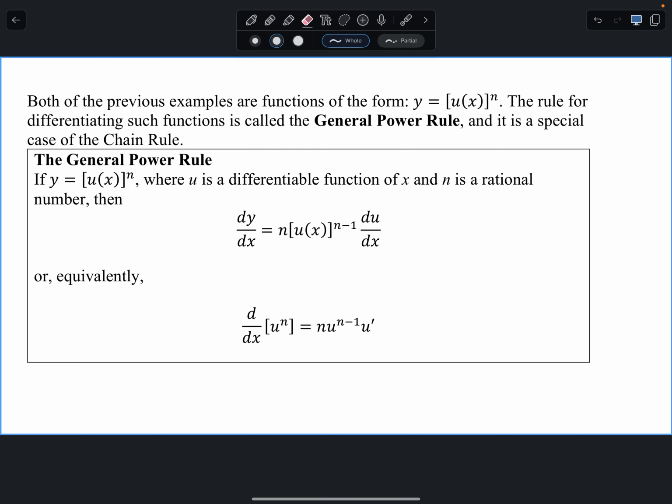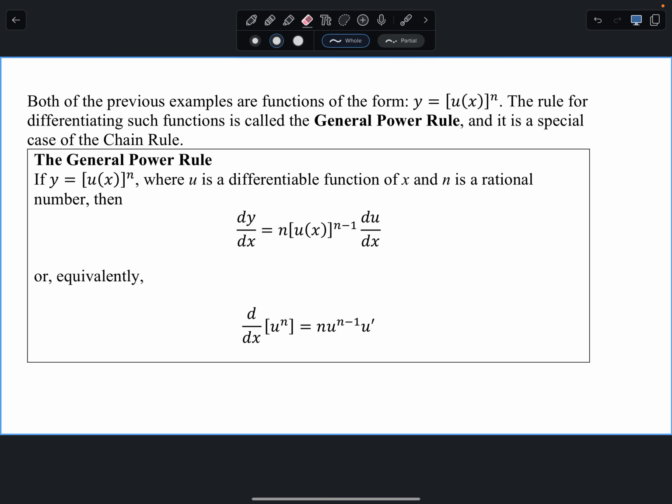You can actually think about applying chain rule for really simple power rule situations too. If you had y equals x squared, you could think of this as a composite function, where the exponent is the outside function and the x is the inside function. dy over dx would be the derivative of the outside, leave the inside alone, times the derivative of the inside, so it'd just be 2x.